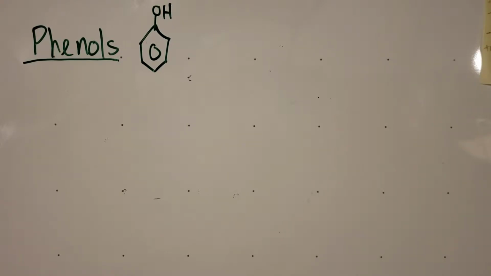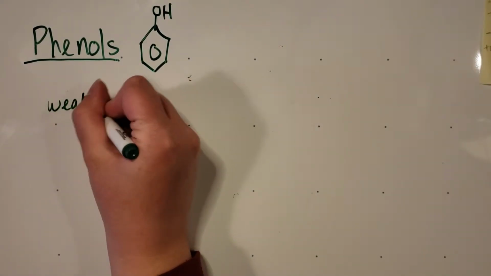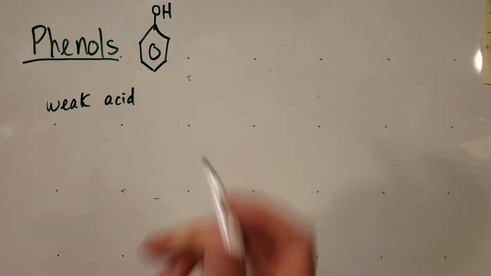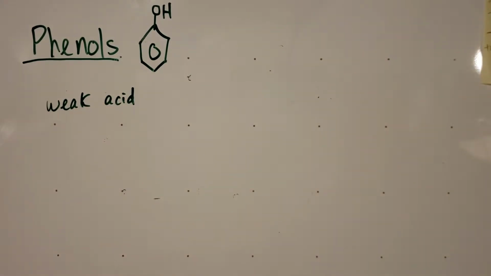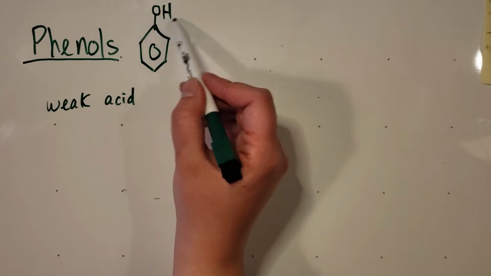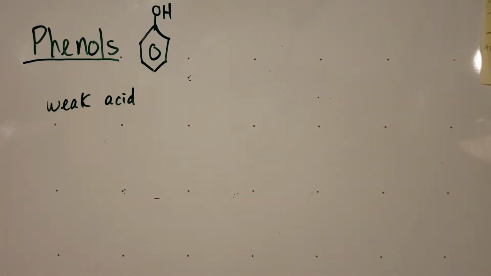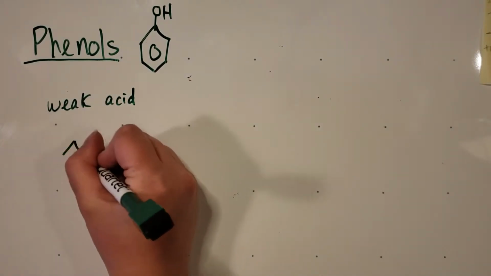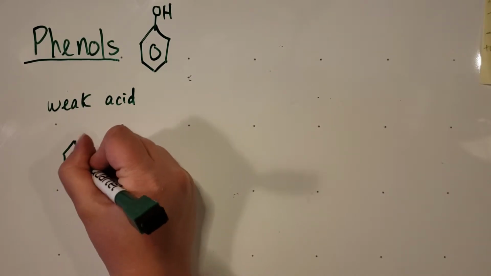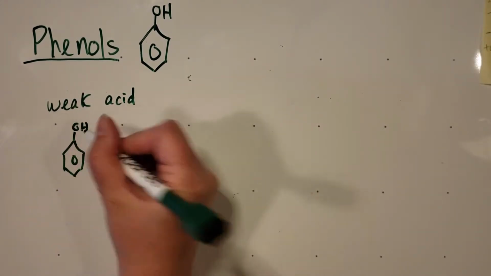Alright, so on to today, phenols. One thing you need to always keep in the back of your mind is that phenols are a weak acid, meaning they will dissociate, but very, very weakly. Because they do dissociate, they will react with sodium hydroxide and metals. For these, you just have to remember back to your acid-base reactions.